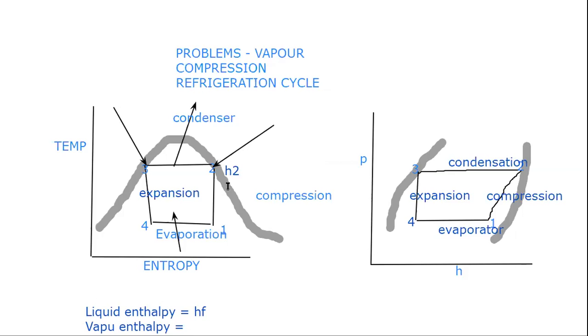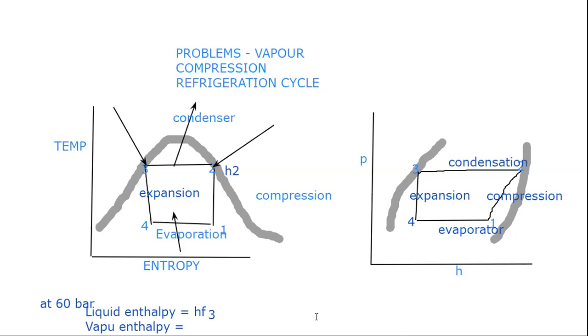Going back to the problem, at 60 bar we have h2 as well as hf3, correct? Whatever he has given at 60 bar, the liquid enthalpy is hf3, and at point number 2 it is h2.